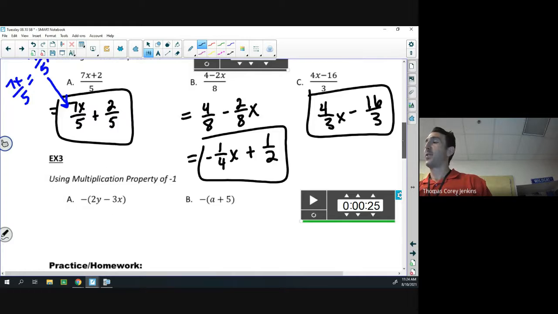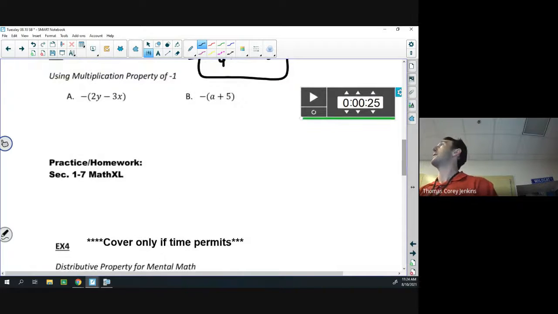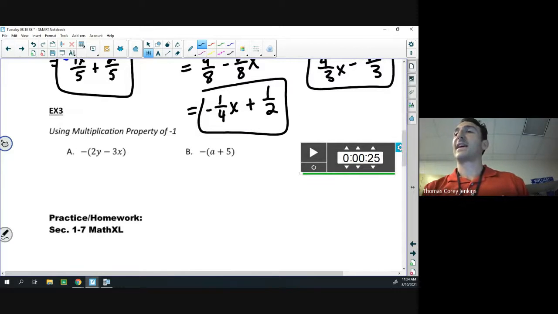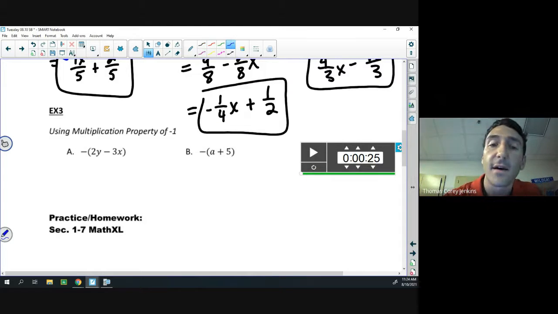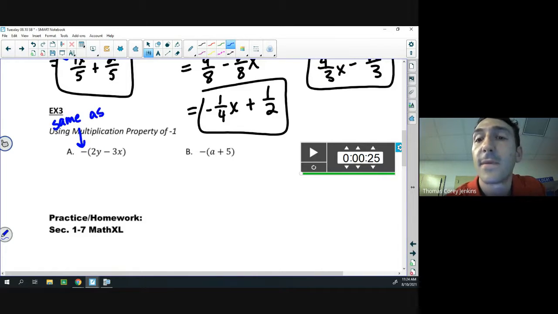So what happens when you have a minus outside a set of parentheses? A lot of people tend to miss this when we have to distribute a negative, but basically what you want to do is treat that minus sign like times -1. So I would write that out: same as -1 parentheses 2y minus 3x.